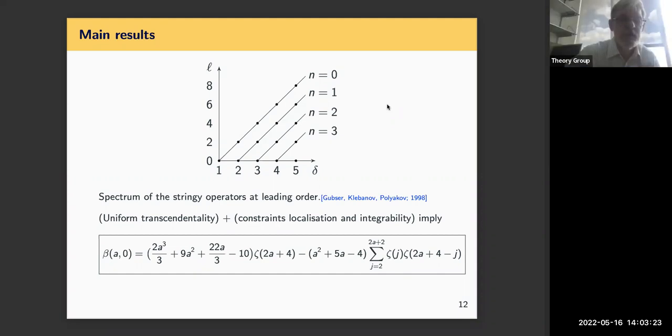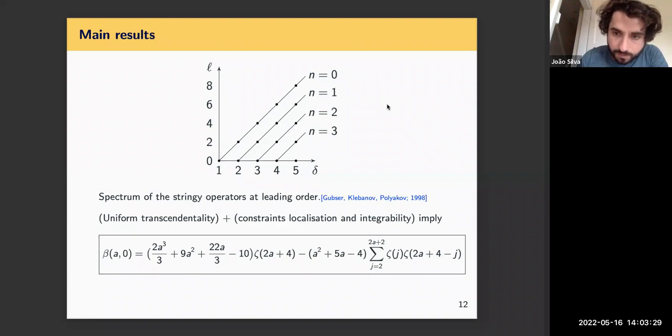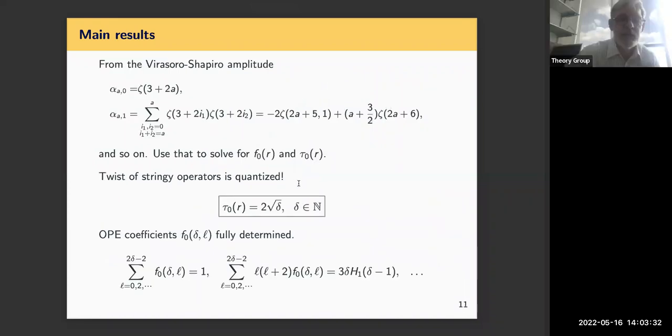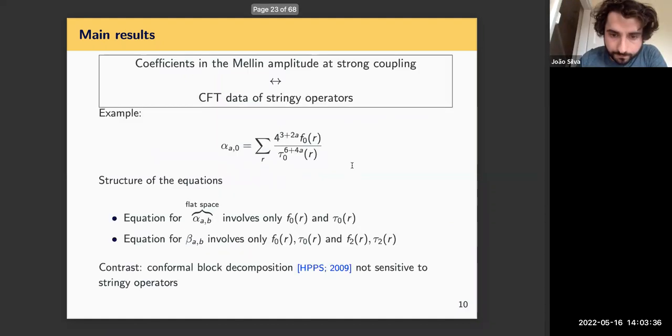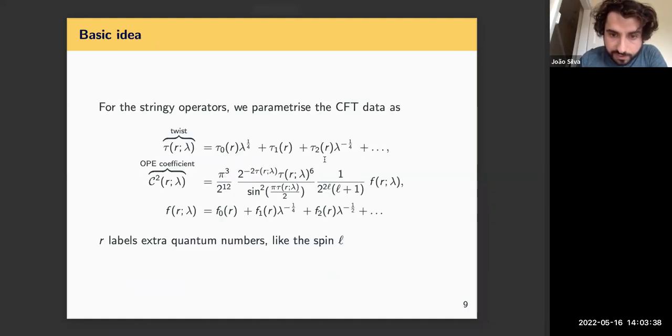That's right. So again, the horizontal axis, when you say 1, 2, 3, 4, is in these units. Yeah, that's the twist, right? So this tau starts at lambda to the power of a quarter. I'm suppressing this lambda to the power of a quarter.